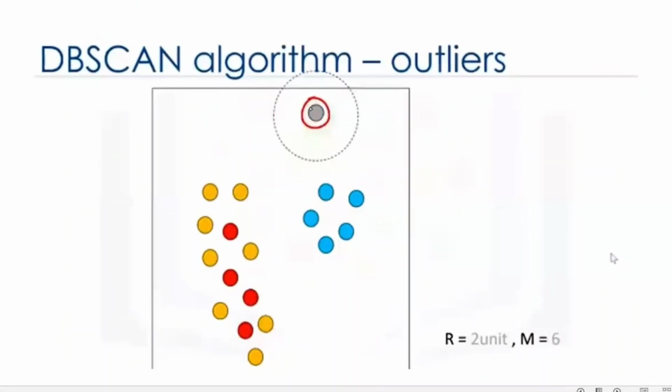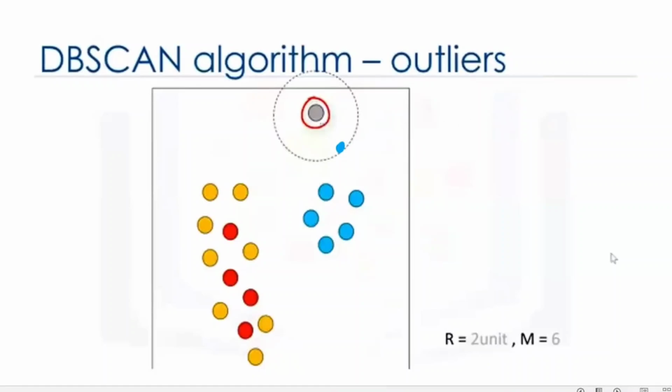So here it just adds like this. For example, there is a point. For this, it has drawn R is equal to 2, M is equal to 6. It is not satisfying. Here, only one point is left alone, so it is called an outlier point. If one more point was there like this, then it would be considered a border point.